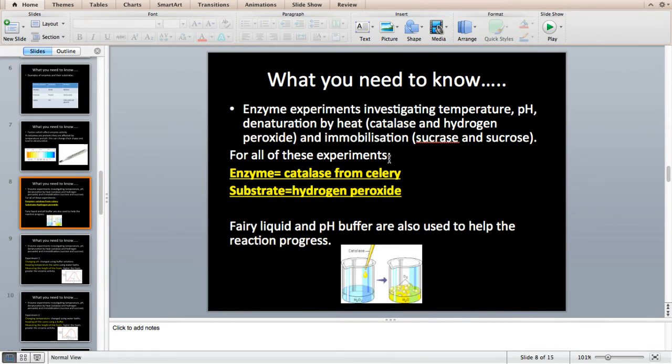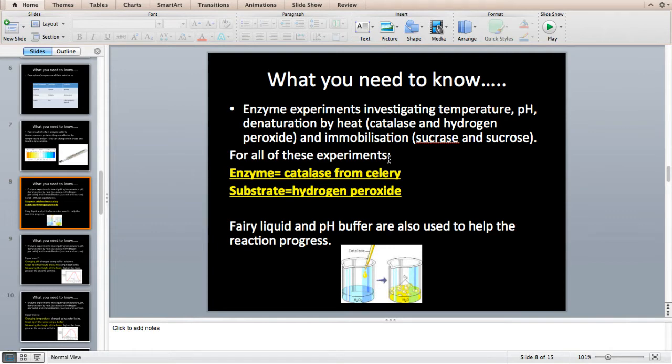And we measured its activity by measuring the increase in foam, because hydrogen peroxide is split up by catalase into water and oxygen gas. Okay, so that oxygen gas causes bubbles, which, when you have fairy liquid in there, causes foam to rise, and so the activity can be directly linked to the height of the foam in the measuring cylinder.